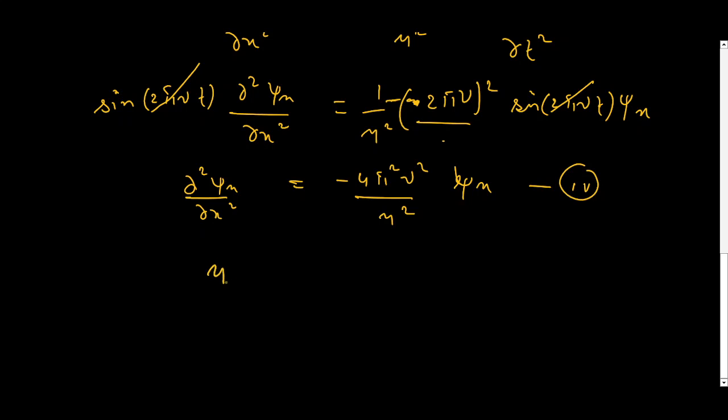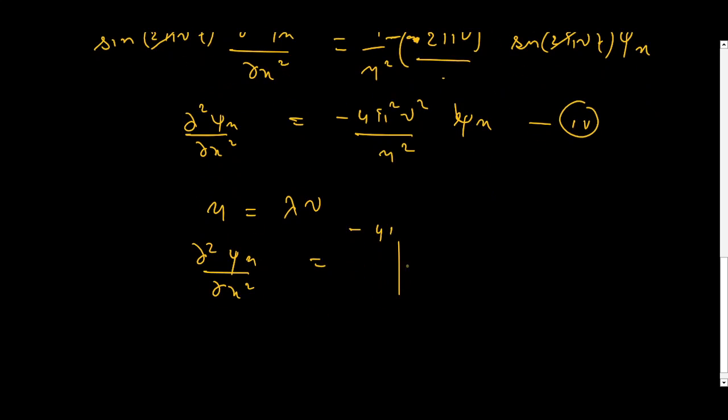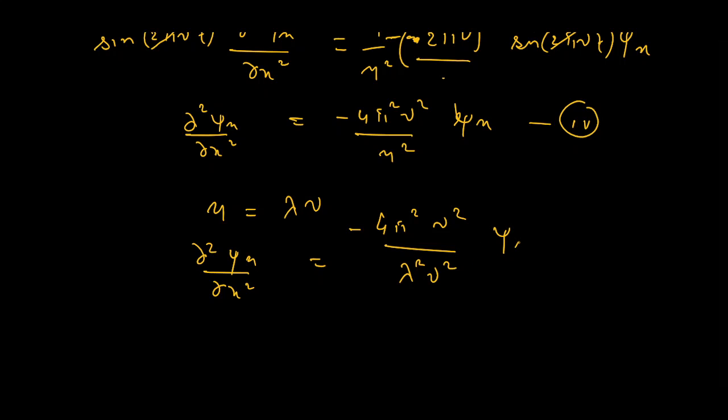Now if we take u is equal to lambda into nu, where lambda is wavelength of this wave and nu is frequency, and substitute this in equation 4, we get dou square xi x upon dou x square is equal to minus 4 pi square nu square upon lambda square nu square into xi x.